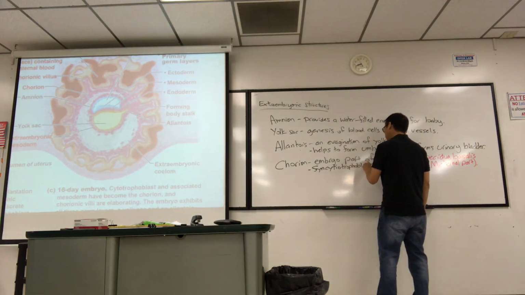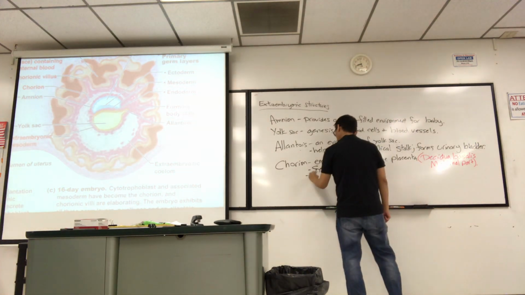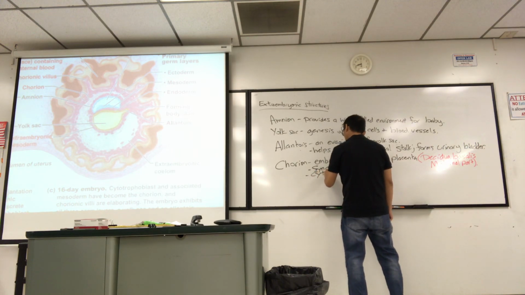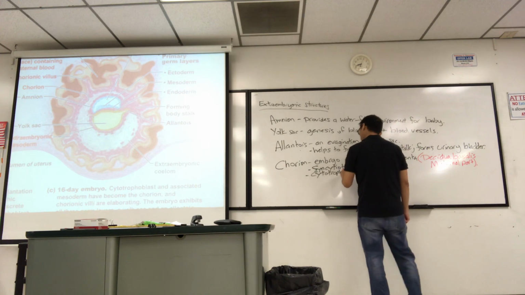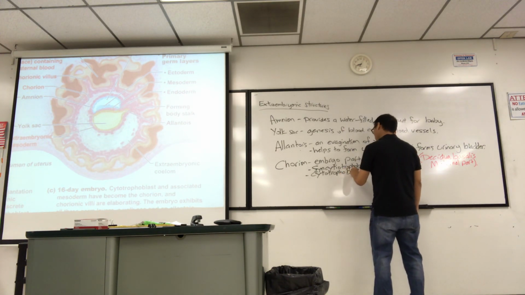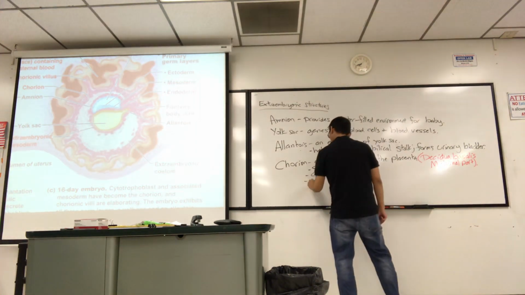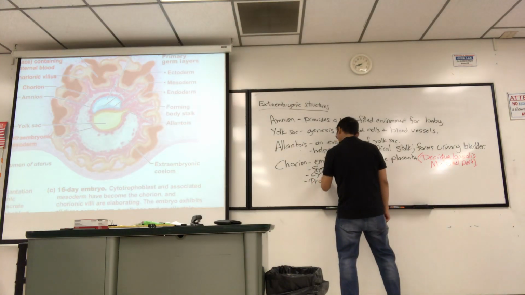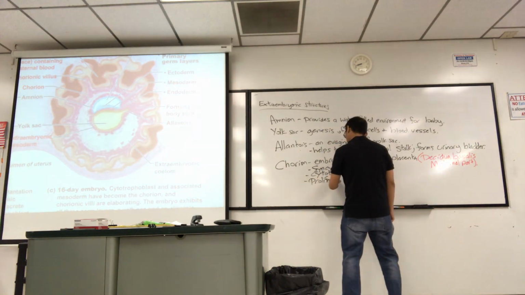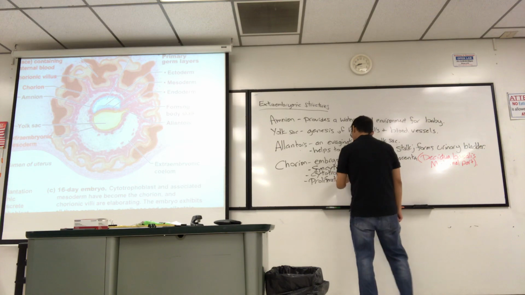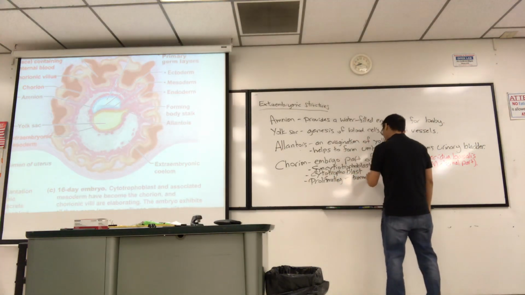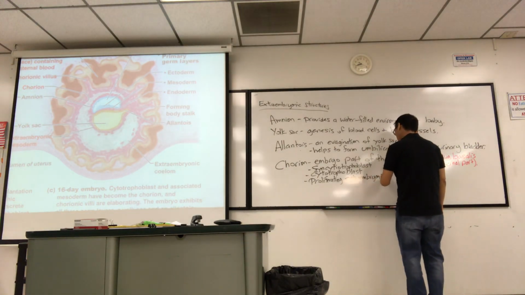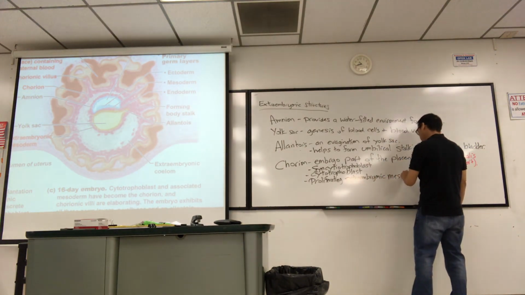Syncytiotrophoblasts. The first 2 we already mentioned, just the trophoblast thing. Cytotrophoblast. The third thing is this proliferating extraembryonic mesoderm.